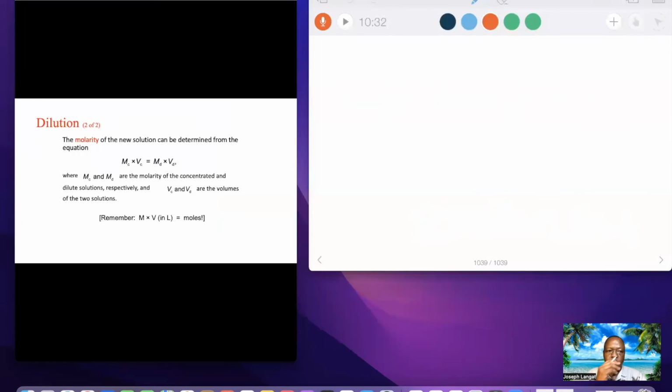Dilution law is simply, you need to remember this equation. It's another method of finding molarity, bringing down a concentrated solution to a lower concentration. This is a common equation, I call it the dilution law.